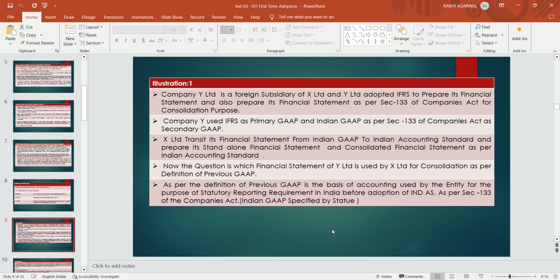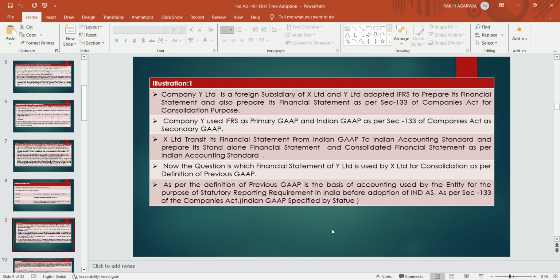These financials are prepared by Y Limited for consolidation purpose, and as per the definition of previous GAAP, it is said that previous GAAP is the basis of accounting used by the entity for the purpose of statutory reporting requirement in India before adoption of IND-AS.